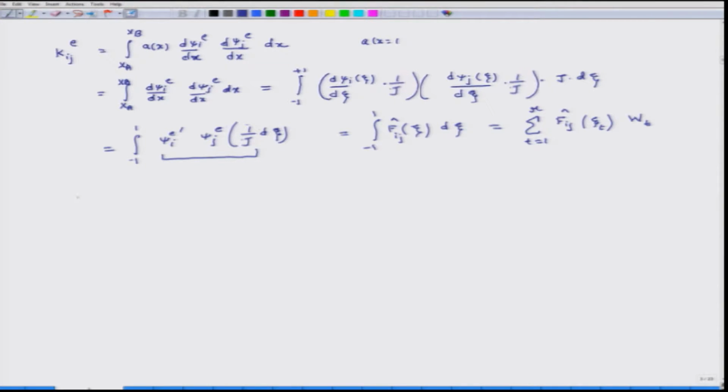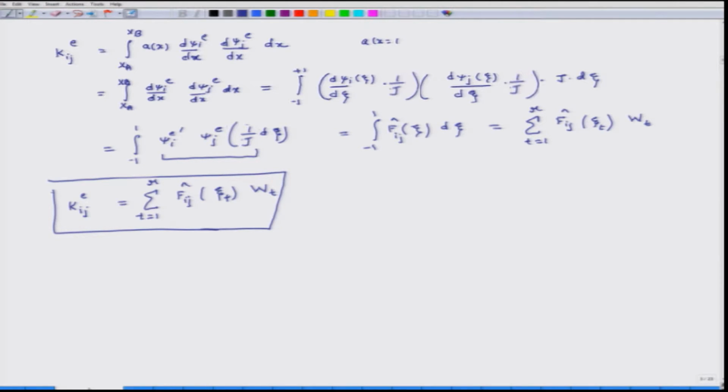This is very important to understand, and make sure that you do not get confused with these three different indices. If I am using Gaussian quadrature, this is the formula we have to use, and this formula has three indices i, j and t.